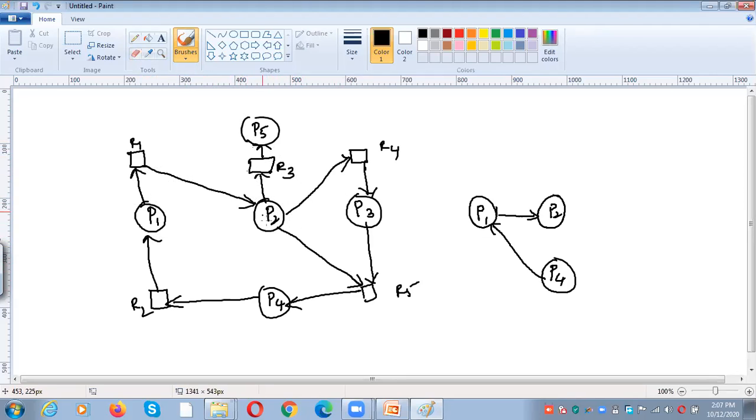P2 is waiting for R3, but R3 is assigned to P5. That means indirectly P2 is waiting for P5. And then P2 is waiting for R4 and R4 is allocated to P3. That means P2 is indirectly waiting for P3 also.